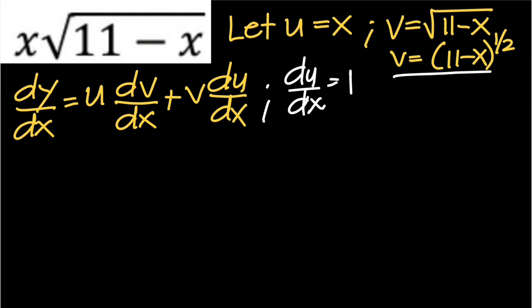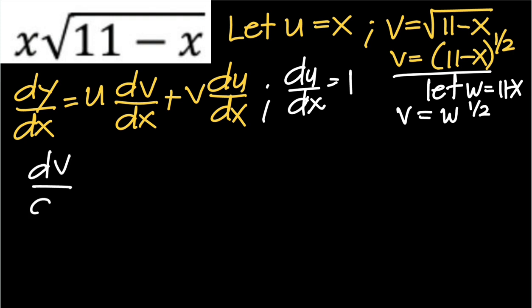So again, we let w be equal to 11 minus x. So v here would just be equal to w to the 1/2. And then the derivative of v over dw is just equal to the derivative of w to the 1/2 with respect to w.